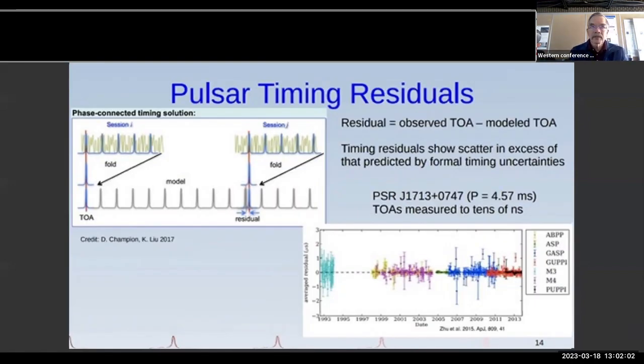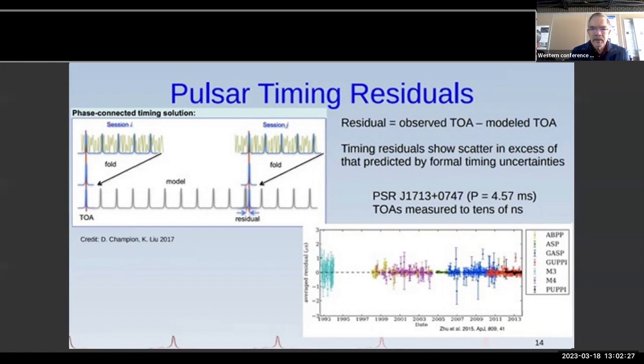The timing residuals, the cartoon at the left. Let's say you're collecting today in session I, and you do your data folding and you calculate your TOA, and that's what's shown on the bottom line there. Well, pulsars aren't the most important thing in the world, so the telescopes aren't dedicated to them, and the telescopes have to do calibration.